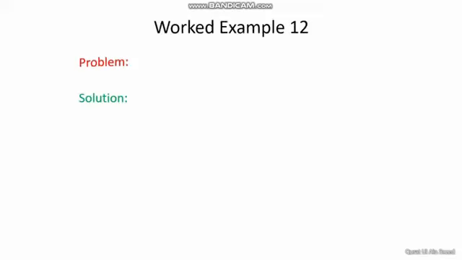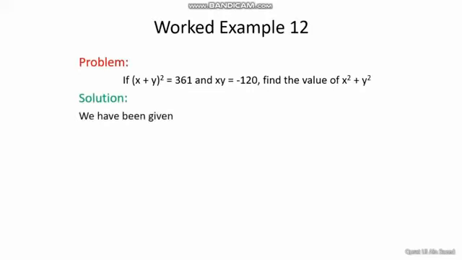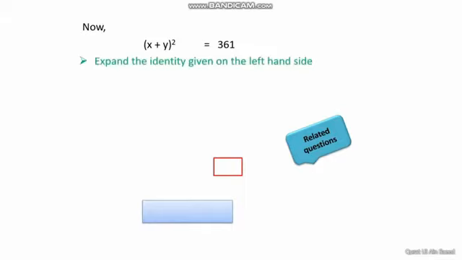Now, I will solve worked example 12, in which we have been given a problem that if (x plus y) whole square equals 361 and xy equals minus 120, find the value of x square plus y square. If you observe carefully, we have been given the value of (x plus y) square and xy, while we have to find the value of x square plus y square. Let us start from (x plus y) whole square equals 361 and expand the identity on the left hand side as x square plus 2xy plus y square.